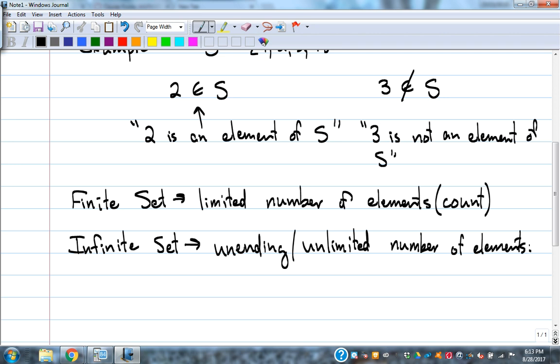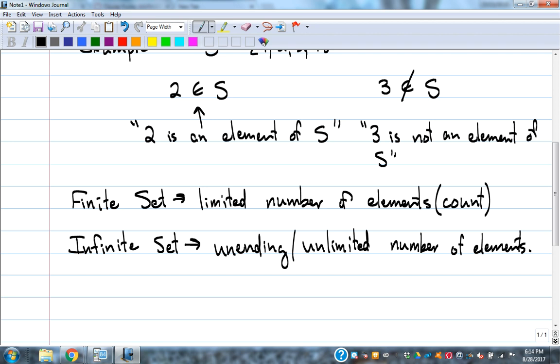An infinite set would be like all the numbers in the world. You think you've got to the highest one? Add one. It never ends. So an infinite set is unending. It has an unlimited number of elements. A finite set has a limited number of elements. You can count how many are in there.